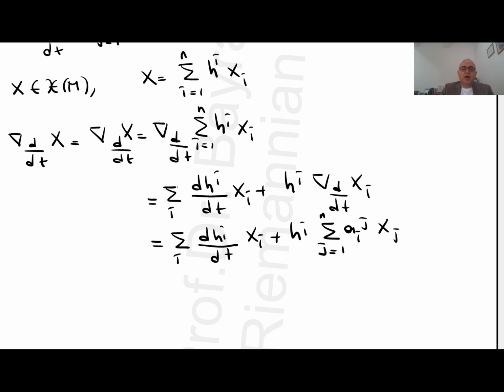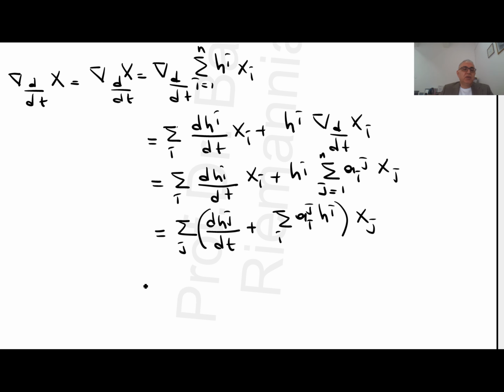Here these i and j indices are in the same set, so you can write dh_j/dt plus the sum over i from 1 to n of a_ij h_i, times x_j.